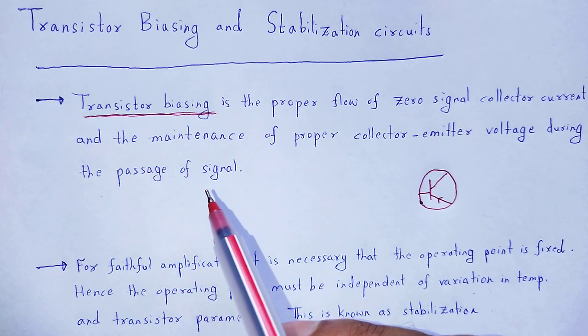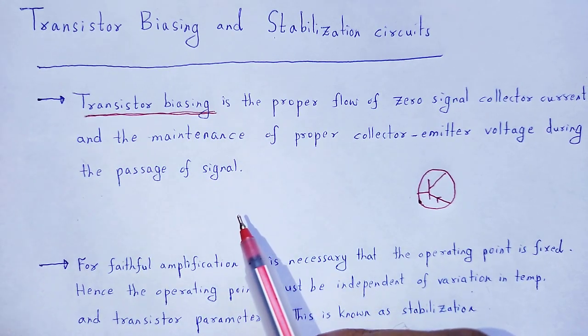The transistor is said to be properly biased.